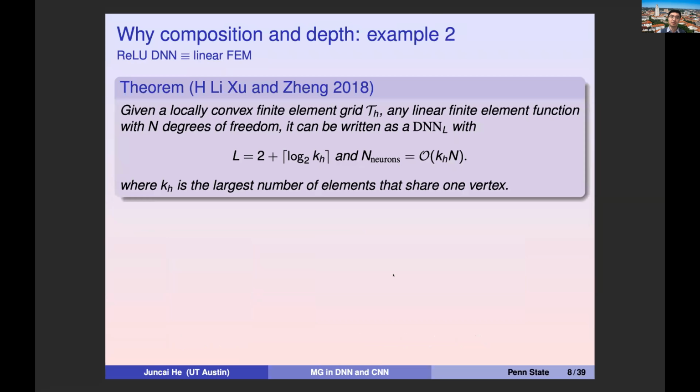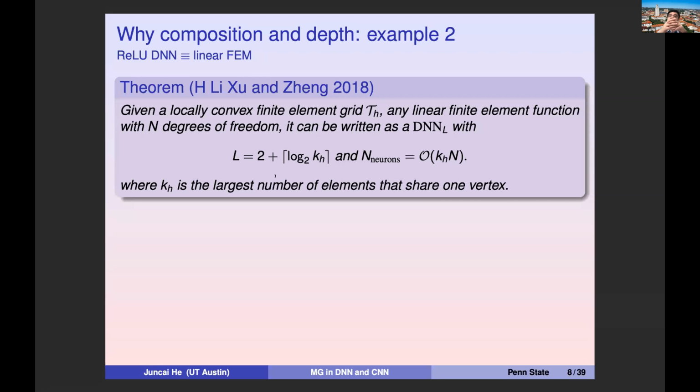Here is the result: if you have a certain mesh and this finite element has N degrees of freedom, then you can have a DNNL with an upper bound for both the depth and the width of this neural network. Here KH is the largest number of elements in a support set, because each basis function has a support set, and you choose the largest one.